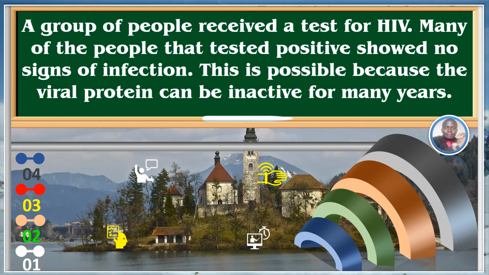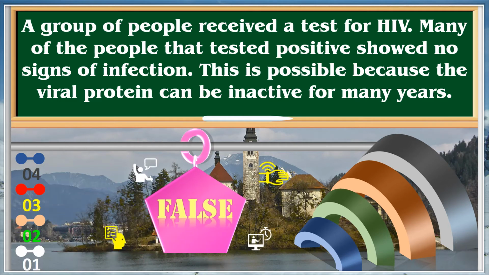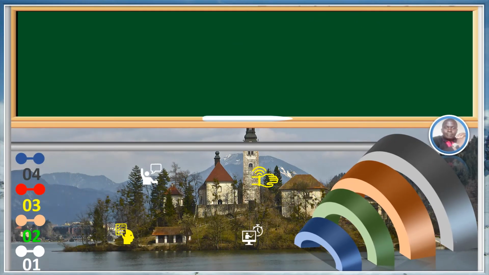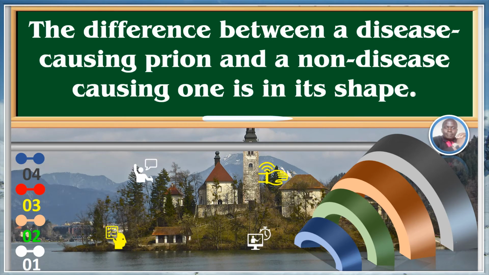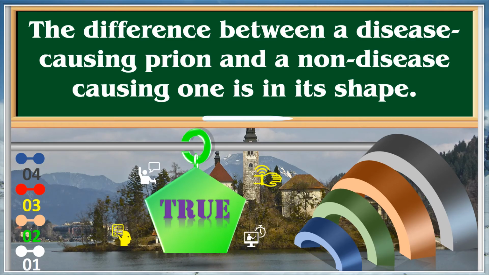This is possible because the viral protein can be inactive for many years. False. The difference between a disease-causing prion and a non-disease-causing one is in its shape. True.